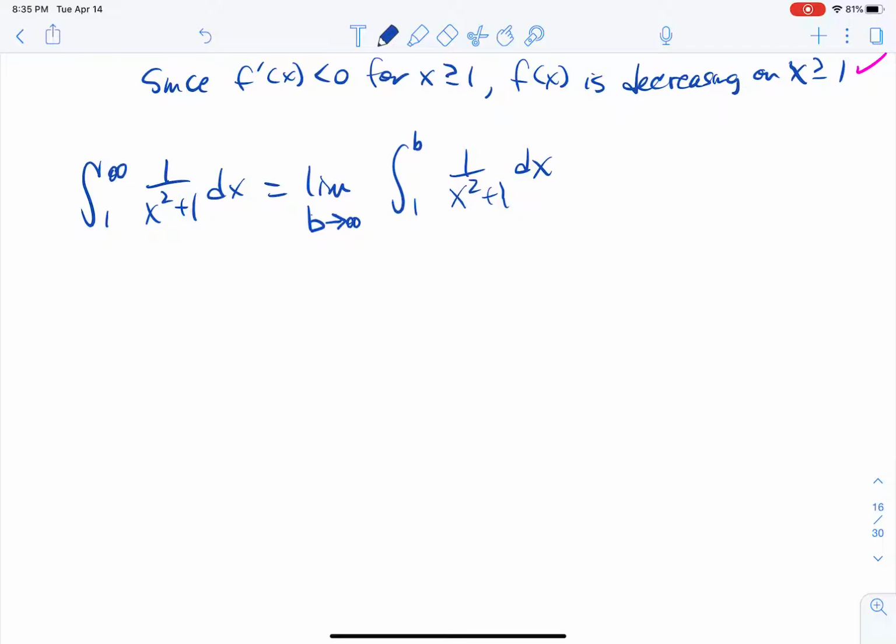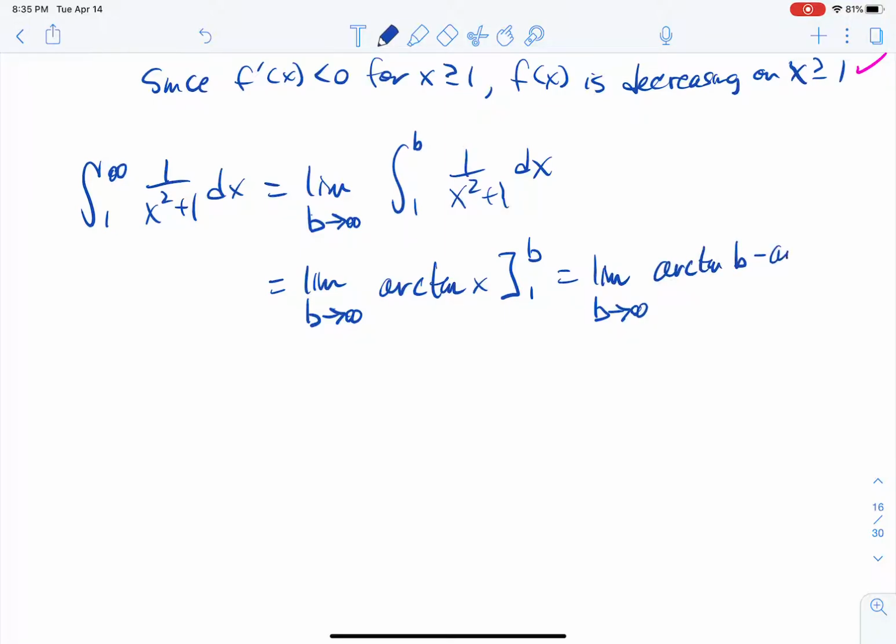Again, I want to recognize that antiderivative as the arctangent of x. Arctan x from 1 to b. Throw your stuff in there. Limit as b goes to infinity of the arctangent of b minus the arctangent of 1.